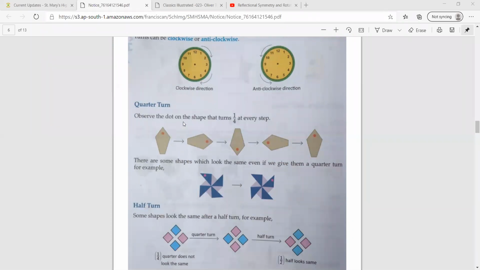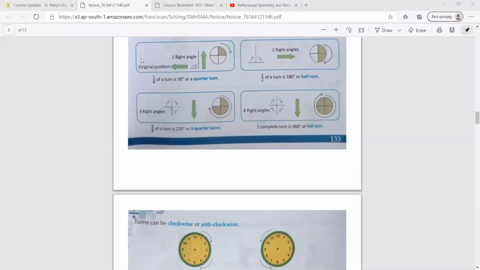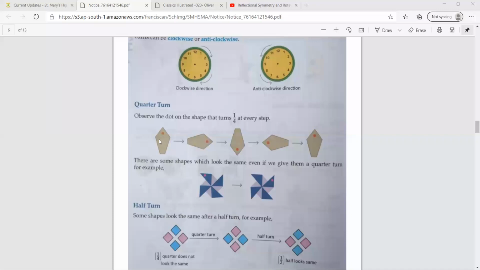Now here, they have taken one particular figure and they are giving quarter turns to this figure. Observe the dot on the shape that turns quarter at every step. So now this figure is there and we are taking a quarter turn, means we are giving it a 90 degree turn. Okay, so when it is moved 90 degrees, then it will become like this.